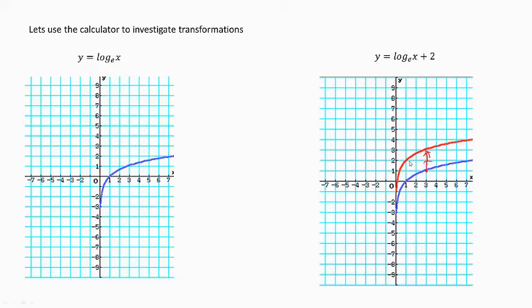Every point on the graph has moved up 2 spaces. And so x equals 1, y equals 0 is now x equals 1, y equals 2. So what's happened here, if this is our original x, y point, on the second graph the x has stayed the same, it's y plus 2. So that's our transformation. Every point on the graph has moved up 2 places.